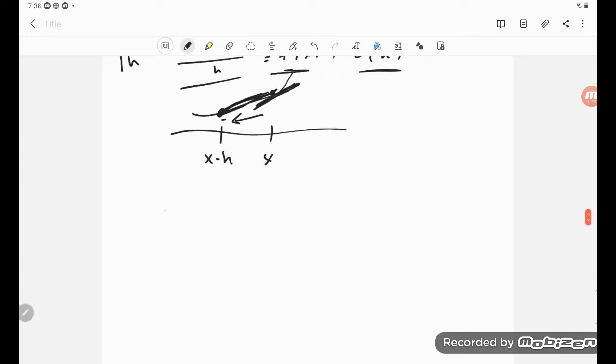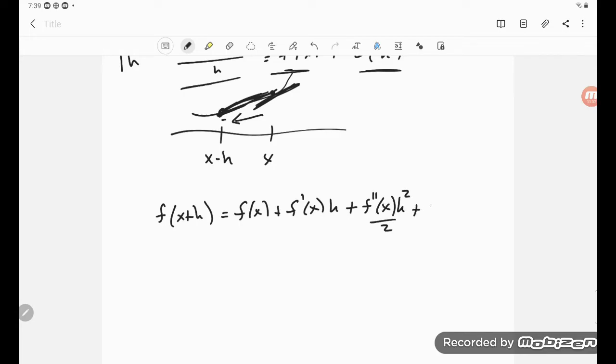Okay, but now here's something novel. Let me write them both out again. So if I take f of x plus h, okay, that's my f of x plus f prime of x h plus f double prime of x h squared over 2, and I'll go to the f triple prime. We keep going, but I don't want to.